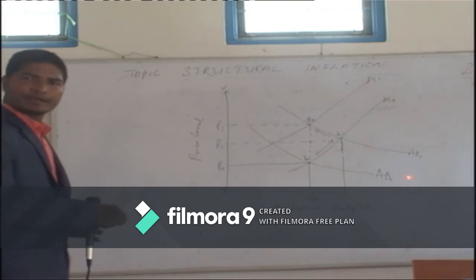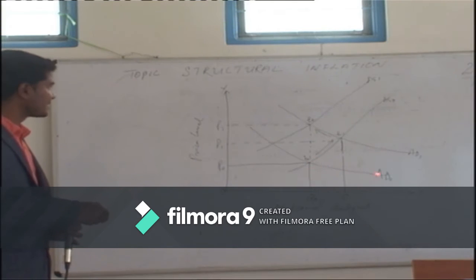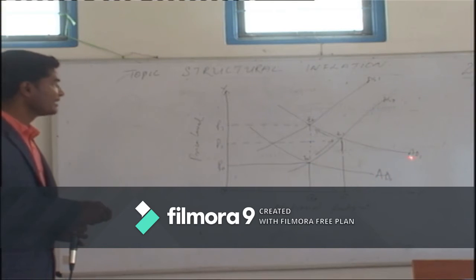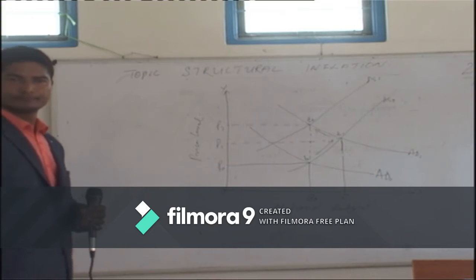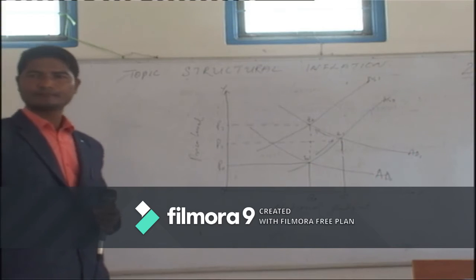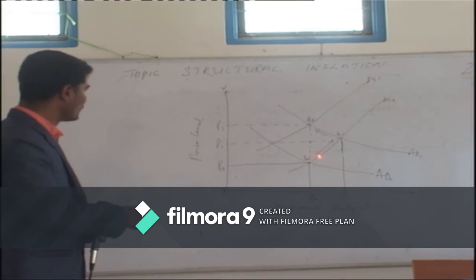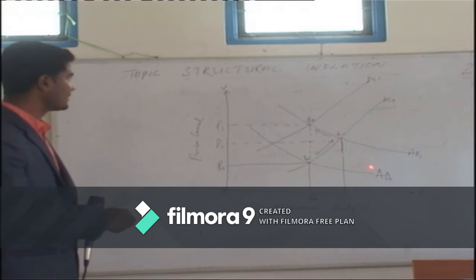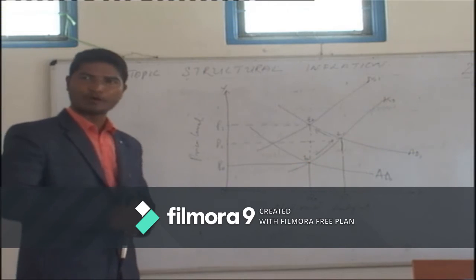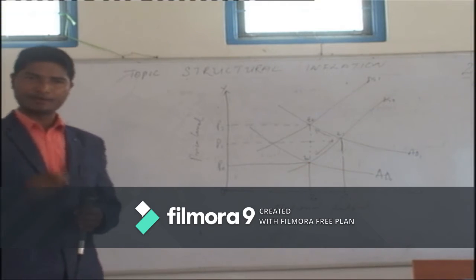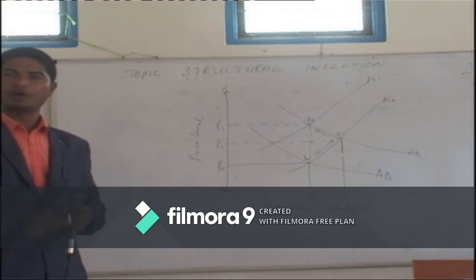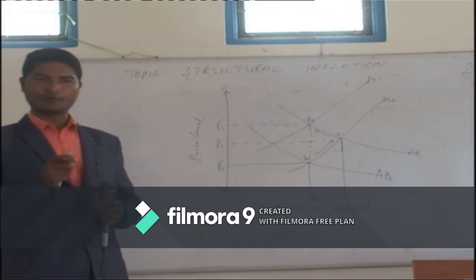Now, how can this aggregate demand curve AD naught move to AD1? This shifting of the aggregate demand curve from AD naught to AD1 is mainly because of a rise in government expenditures.